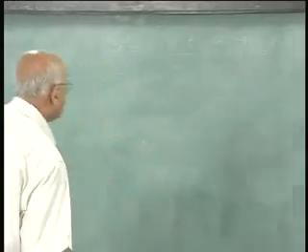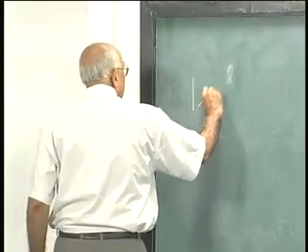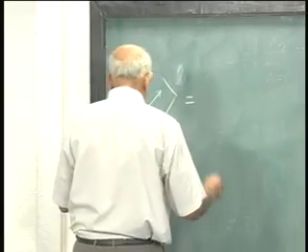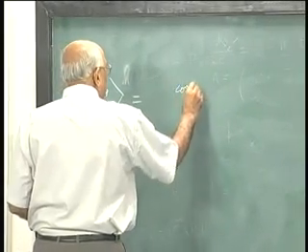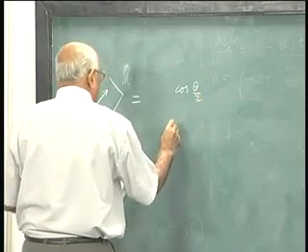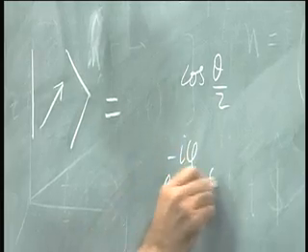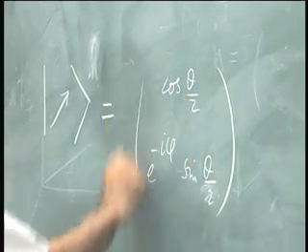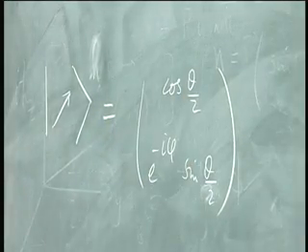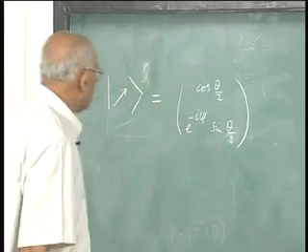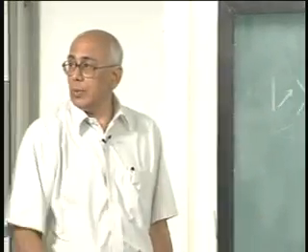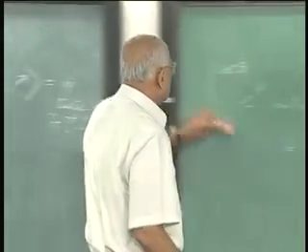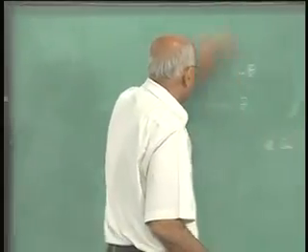You get this guy is equal to cos theta over 2 and then e to the I phi sin theta over 2. Okay. That is the normalized state. Mod a squared plus mod b squared is 1 in this case. It is worth remembering this expression because you can then write down things very fast.